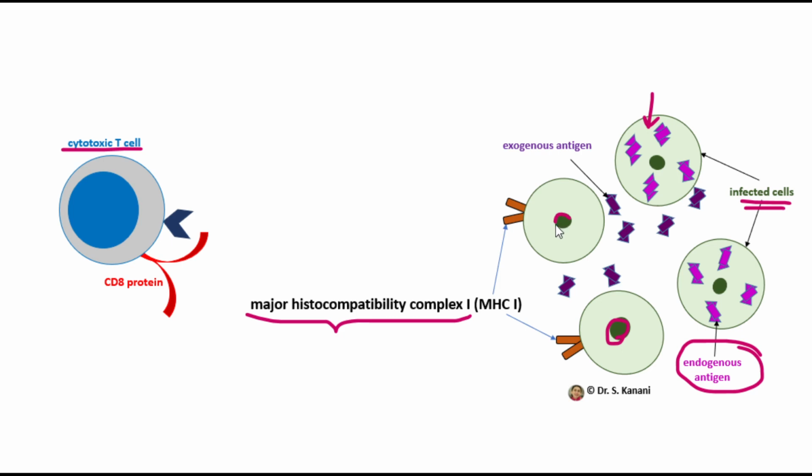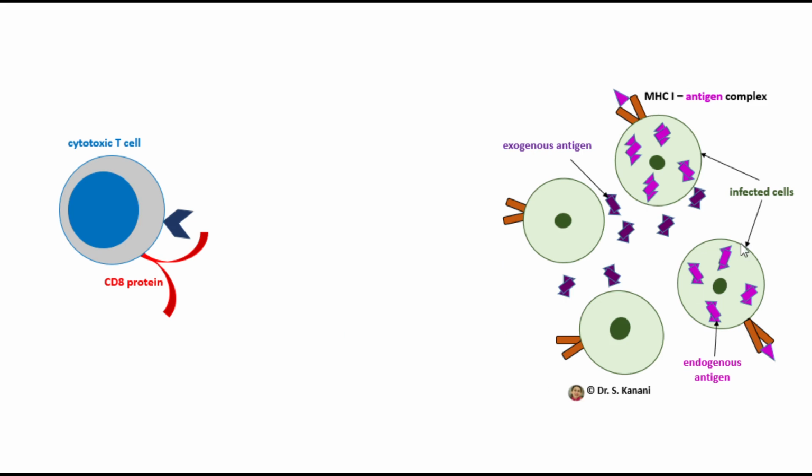So as long as the cell is nucleated, it can build MHC-I, and we note that when cells are infected by microbe, they basically build a complex which is made of MHC-I and a piece of the endogenous antigen. Basically, this is a complex made of self-antigen and non-self-antigen. And as you see, the infected cells mark themselves. This is an official request from infected cells to cytotoxic T cells to come and identify and destroy them.